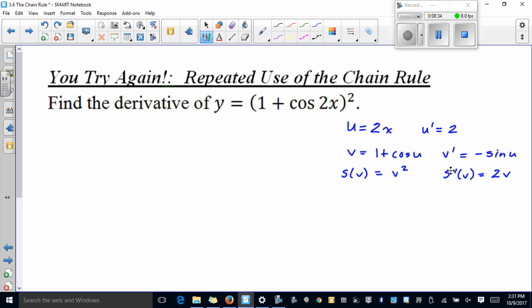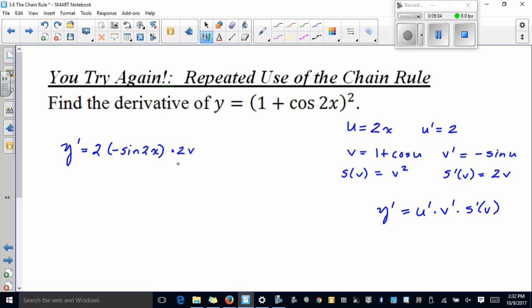And then your derivative y prime is going to be u prime times v prime times s prime at v. Bunch of different derivatives put together. So y prime equals u prime is 2, v prime is negative sine of u, but u is 2x, times s prime at v, so times 2v.